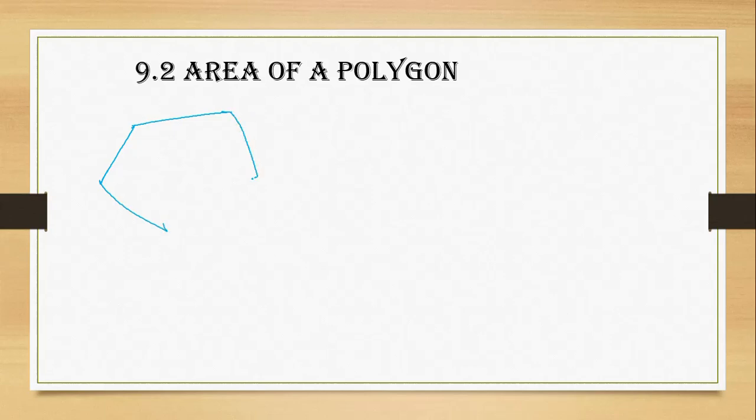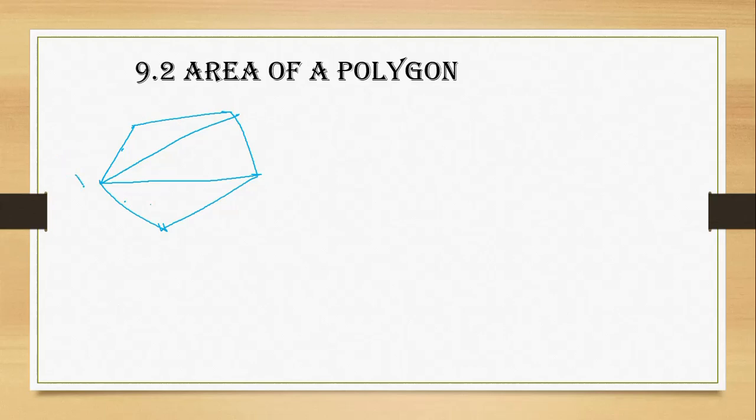So this is the pentagon, it has 5 sides. So how can we find the area? Let us discuss this. We can find it by dividing it into various shapes. For example, if we divide it this way, we get one triangle, and if we divide this, we get another triangle.